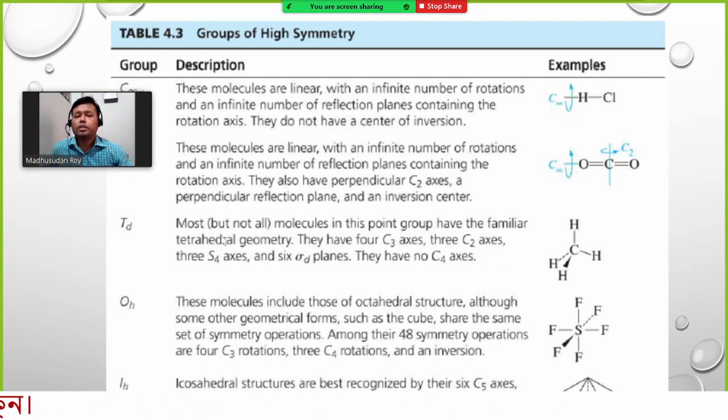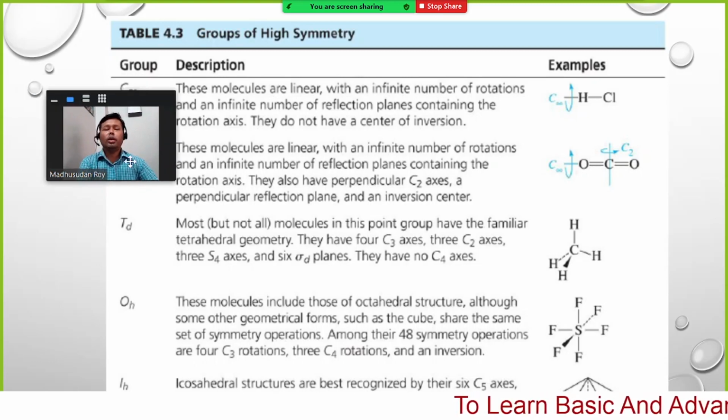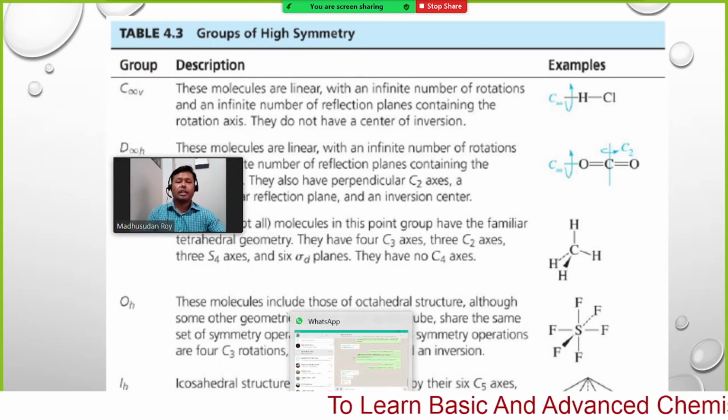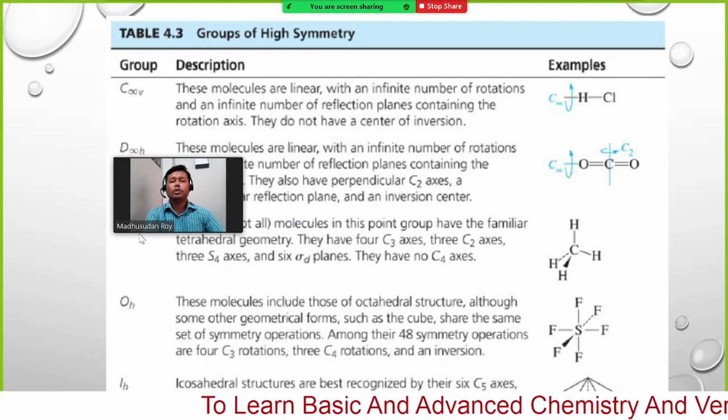Td: most but not all molecules in this point group have the familiar tetrahedral geometry. They have 4 C3 axes. A tetrahedral molecule is the methane molecule, which I showed you last class.